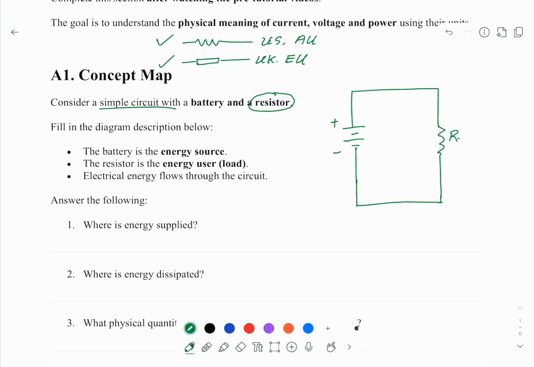We want to look at the simple electric circuit from the point of view of energy flow. If I ask where is the energy supply, it is from the battery.